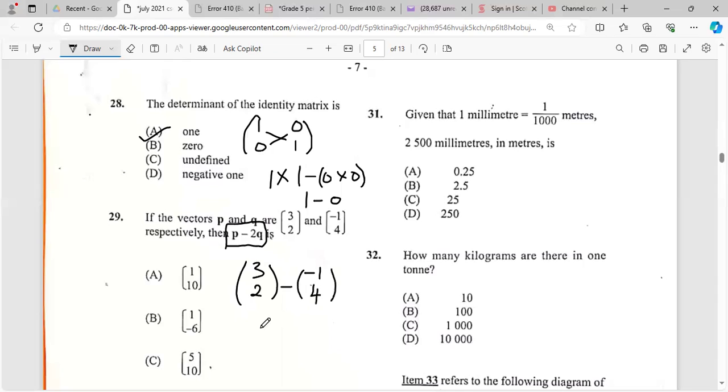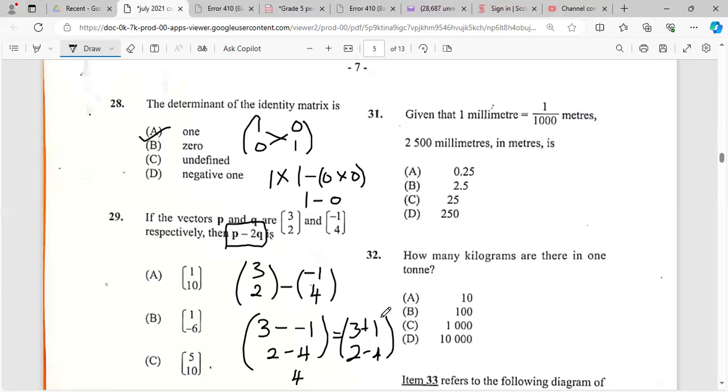Students make a lot of errors with these sometimes. So you work the top separately. This is going to become 3 plus 1, and this is 2 minus 4. So 3 plus 1 should give us 4, and 2 minus that should give us negative 2.